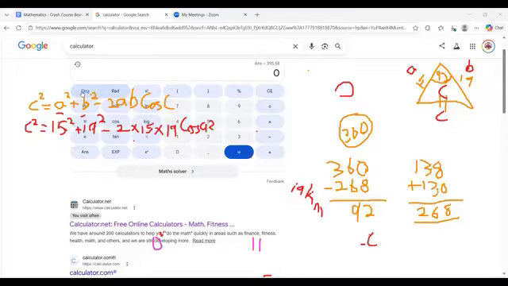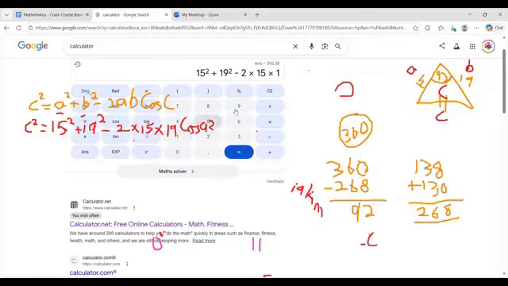If you see RAD, it's not on the correct setting. You need to reset it. So we're going to put in 15 to the power of 2 and 19 to the power of 2. Take away 2 multiplied by 15.